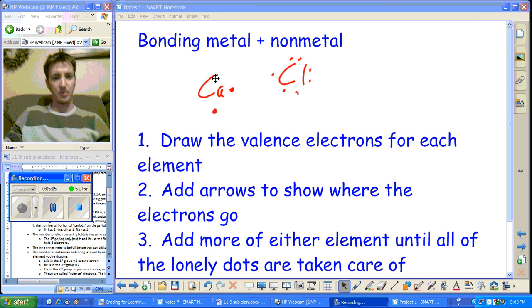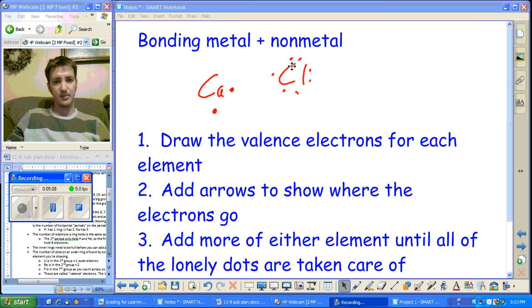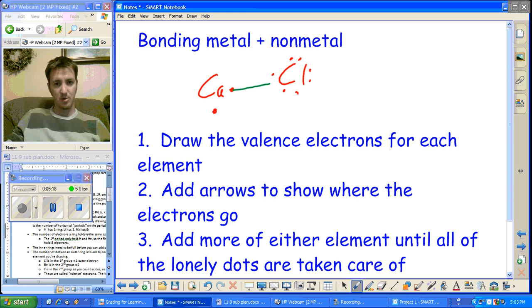So the pictures of them: calcium has 2 valence, chlorine has 7, so this one has 1 lonely dot, calcium has 2. So calcium, because it's a metal, is going to give up its electron to chlorine. That makes that chlorine happy. This guy right here, still sad. So it needs to give up its electron to something. So it's going to give it up to, let's say, another chlorine.